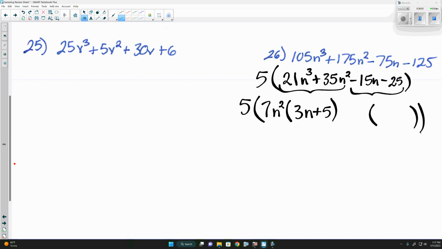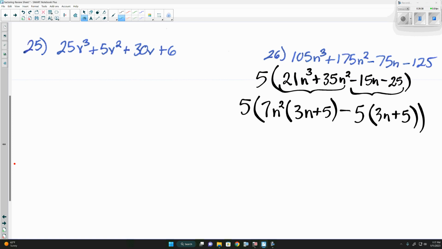So that works. And I kind of gave us a hint at what the other set of parentheses is going to be. Because if we're going to do this again, what's inside here has to be 3n plus 5, yes? So we can factor out a 5, yes? What would the sign be? Because the 15n and 25 are both negative, we have to factor the negative out.